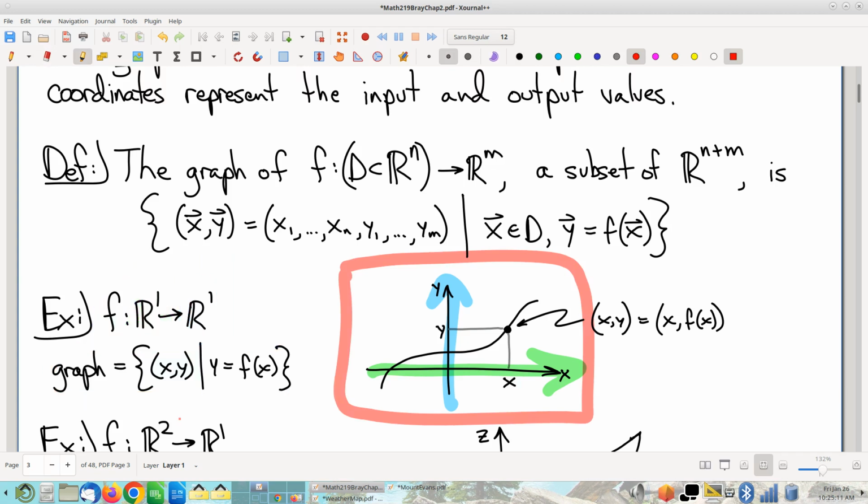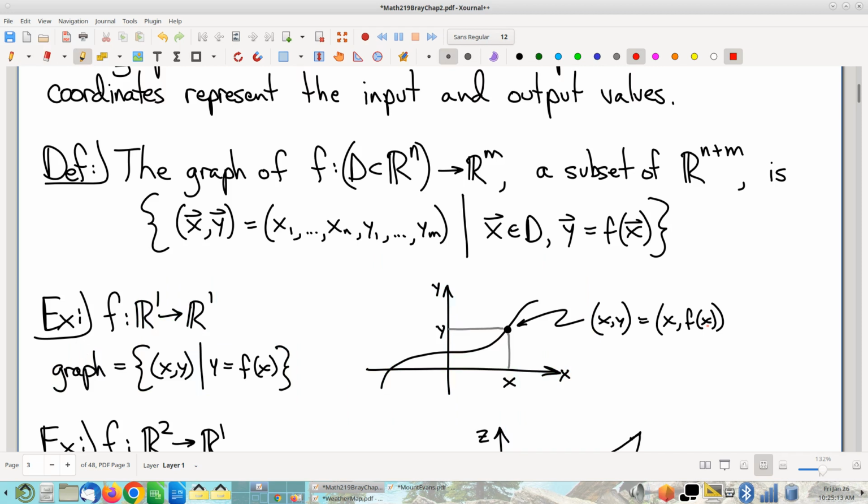Okay, now next observation I want to make. There's a different way to think about a graph. Perfectly reasonable, very useful in some contexts. I like to think of the graph as what results when you take a function. Here's a function. And whatever the values are that come out of that function, set those values equal to a new variable.